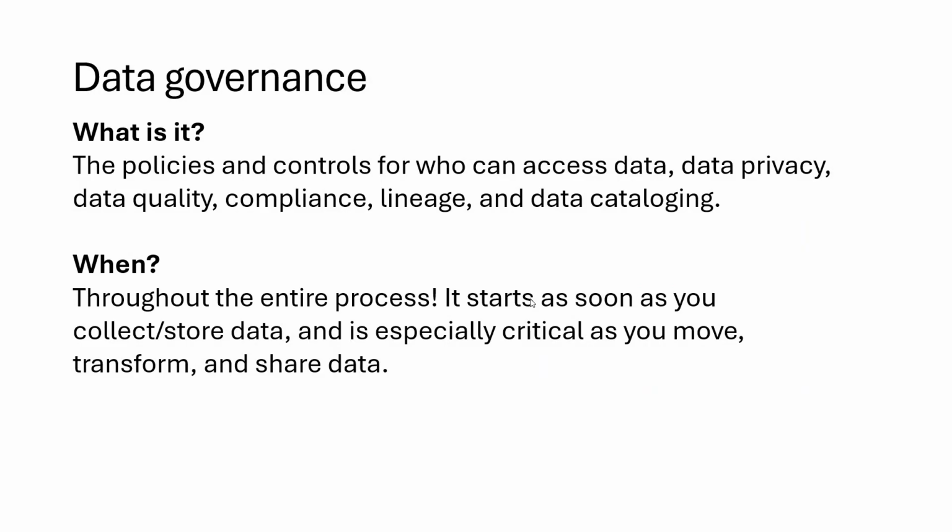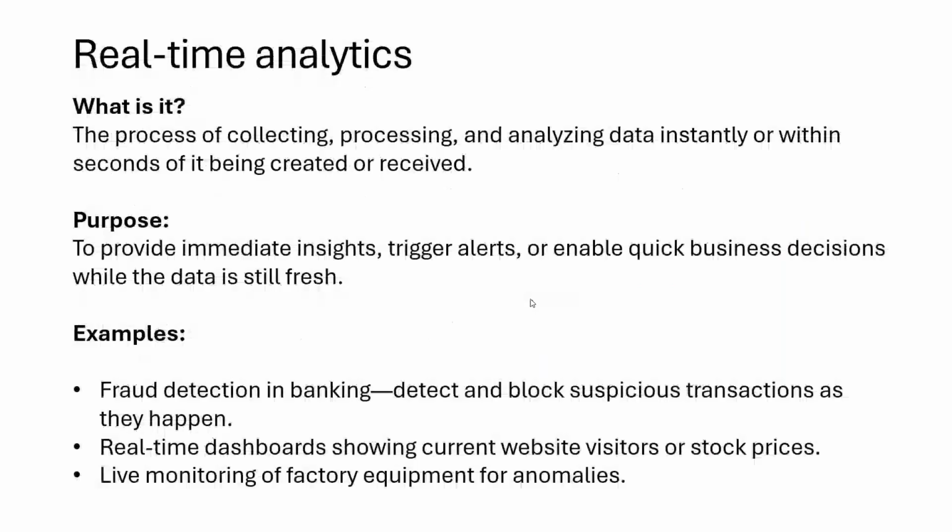It is the policy that controls who can access what data, data privacy, data quality, compliance, lineage, and data cataloging. That process is called data governance. Throughout the entire process we actually do that. It starts as soon as you start collecting and storing data, and is especially critical as you move, transform, and share data.